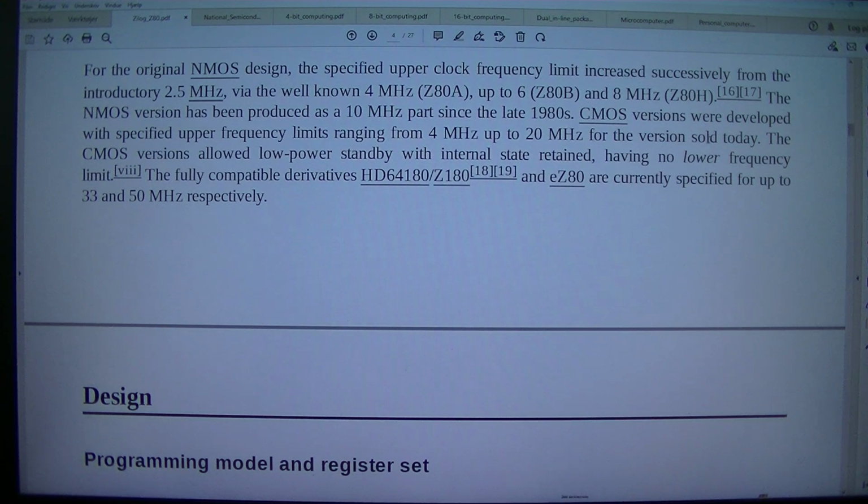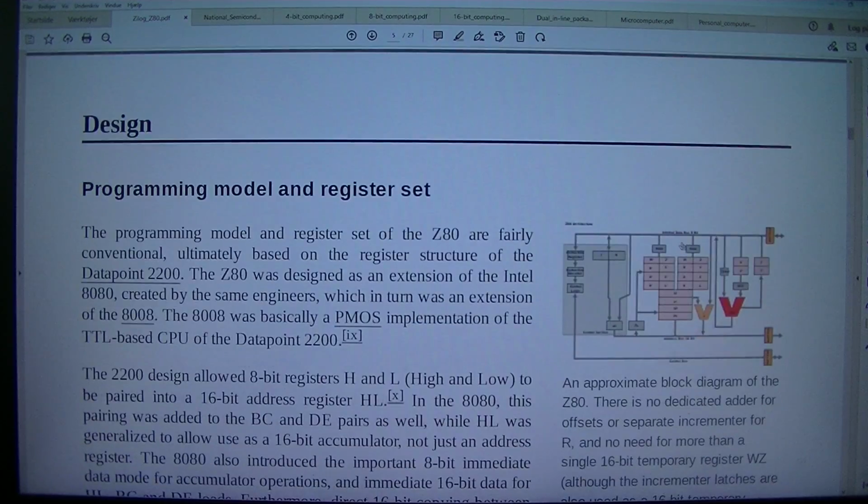CMOS versions were developed with specified upper frequency limits ranging from 4 MHz up to 20 MHz for the version sold today. The CMOS versions allowed low power standby with internal state retained, having no lower frequency limit. The fully compatible derivatives HD64180/Z180 and eZ80 are currently specified for up to 33 and 50 MHz respectively.